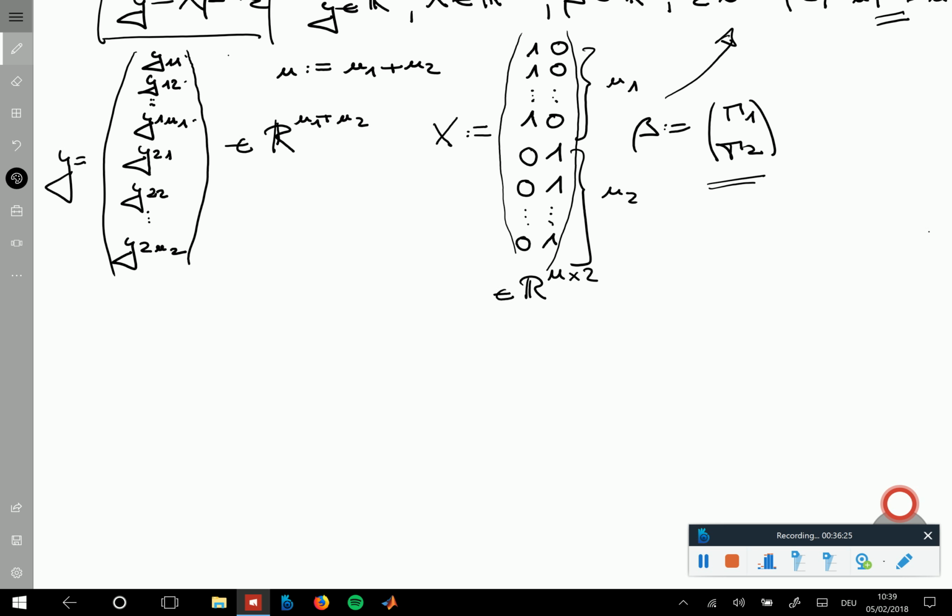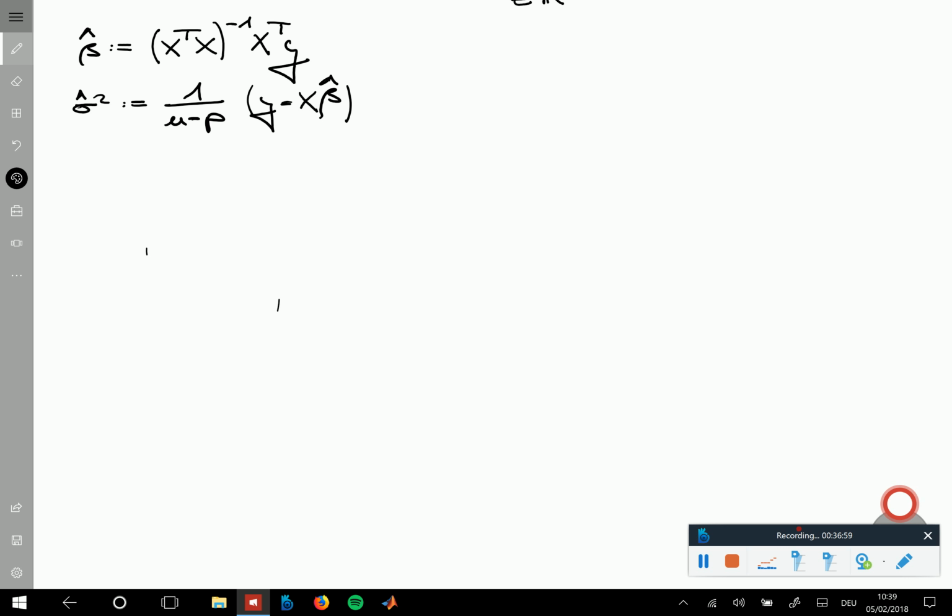So remember that the beta hat estimate is equal to this, and the variance estimate is equal to this: 1 over n minus p times y minus X beta hat transposed times y minus X beta hat.